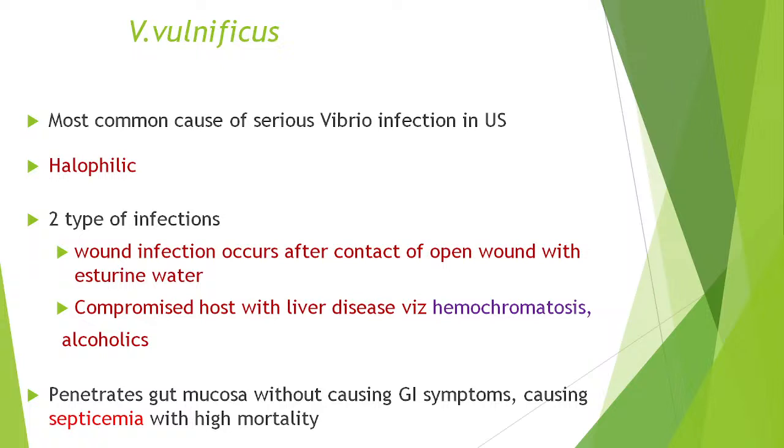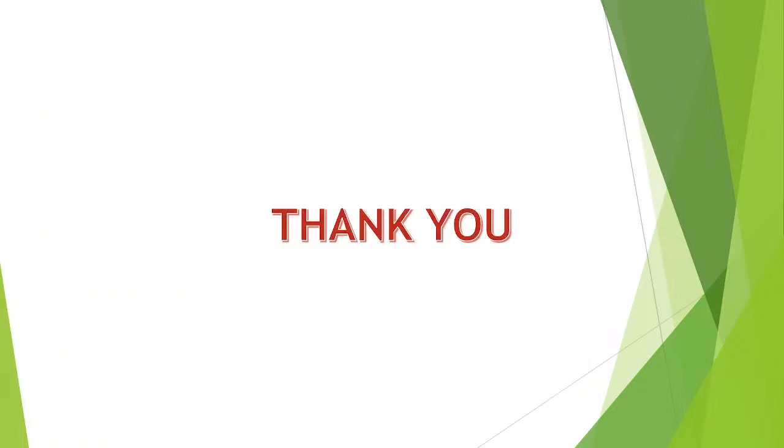So it causes wound infection after contact of an open wound with estuarine water, where normally a high salt concentration is there. Okay, and again, just like the risk factors, liver disease is a major risk factor for Vibrio vulnificus infections. So this was all about Vibrio species.